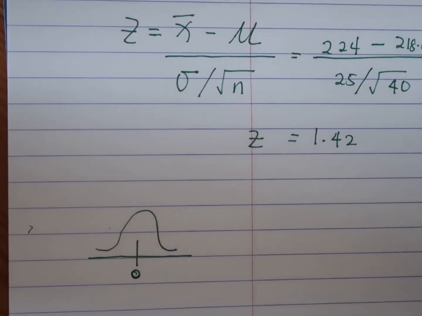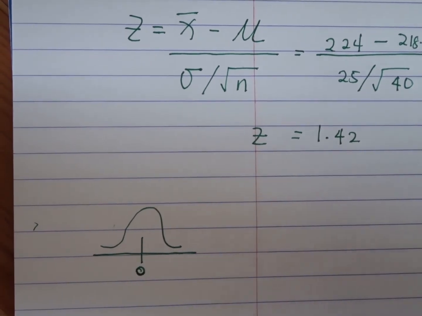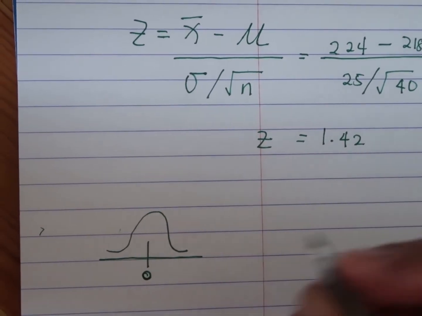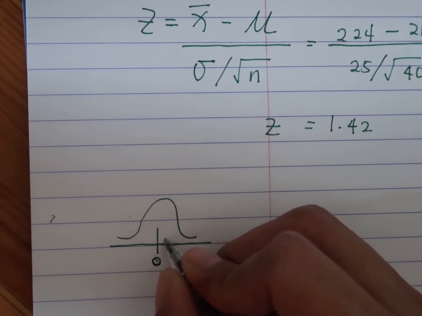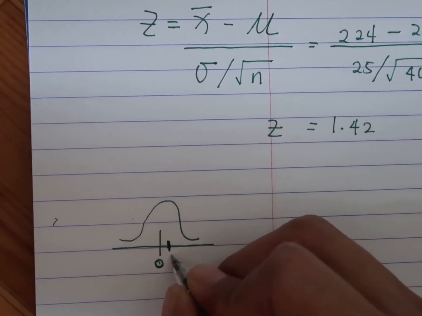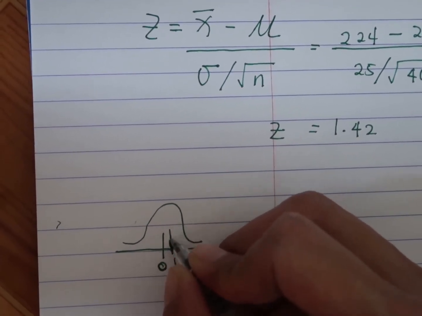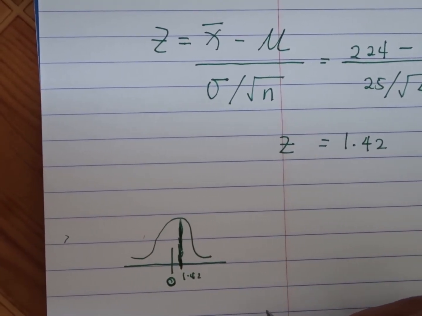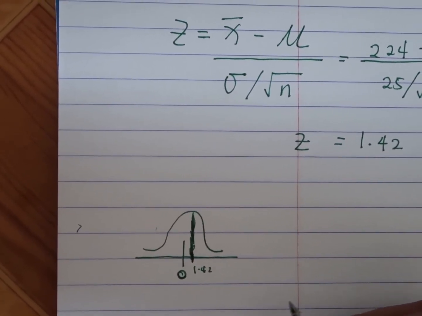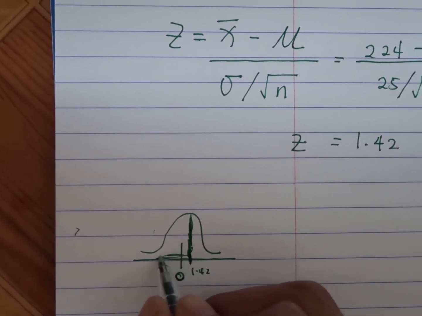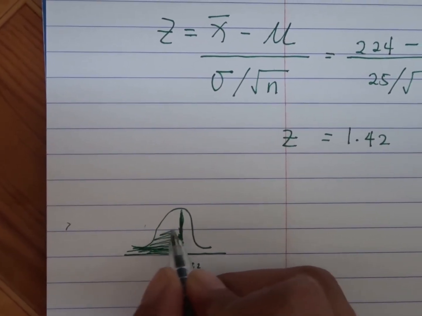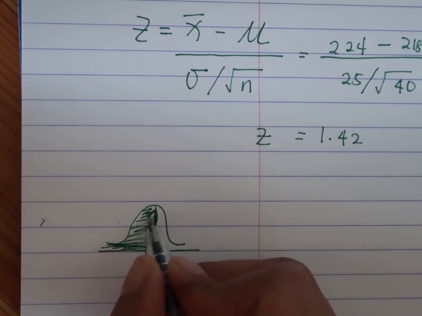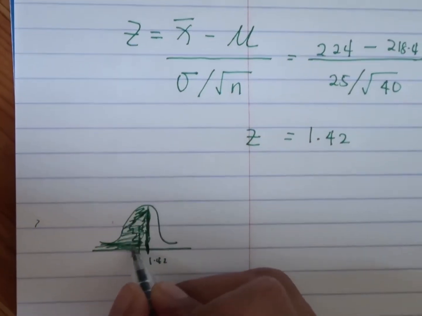So where is 1.42? 1.42 is located on the right side of 0. So assuming that this is your 1.42. It says in the problem, less than 1.42. So going to the left.